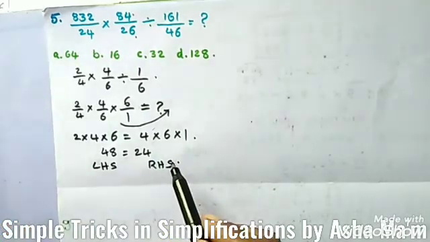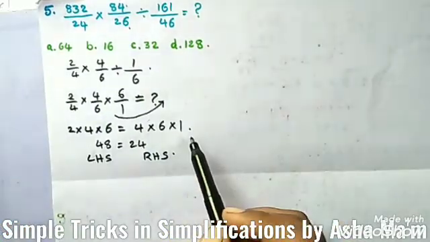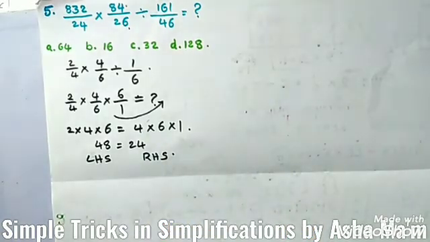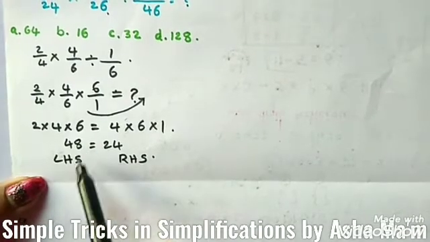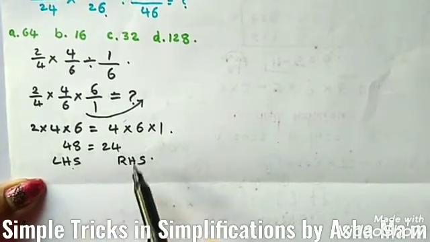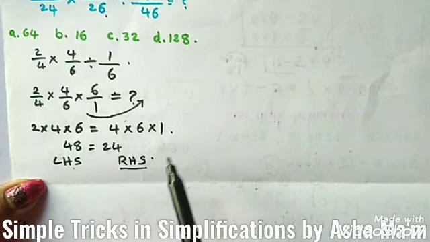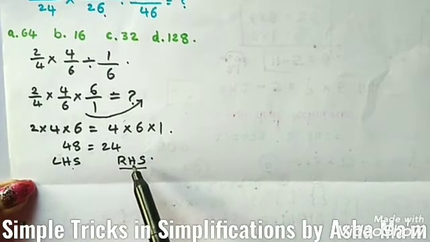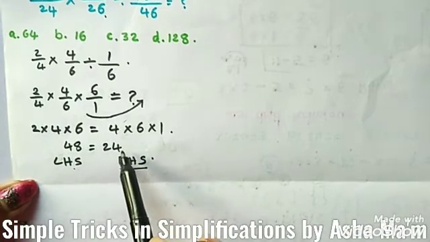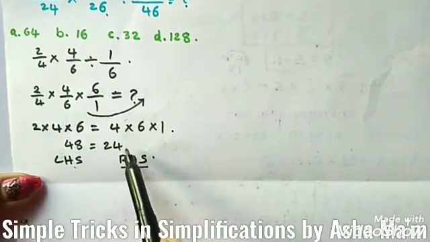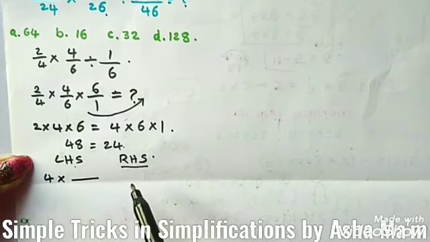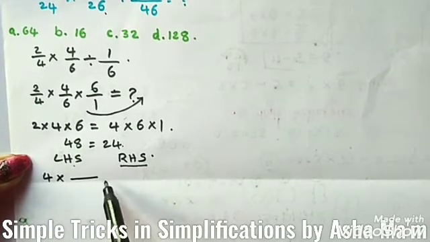Now dear students, you have to observe here 4 is multiplied with some other number. We should get 8 in RHS. Here is 8 in LHS and here is 4 in RHS. But we should get 8 also in RHS side, that is right hand side. For suppose this 4 is multiplied with some other number, we should get 8 in RHS.